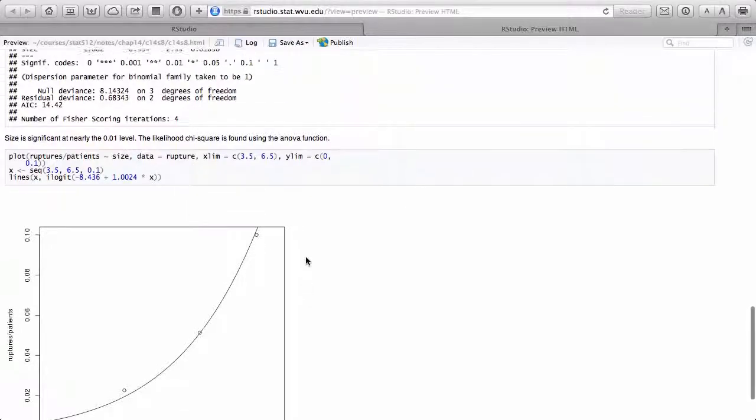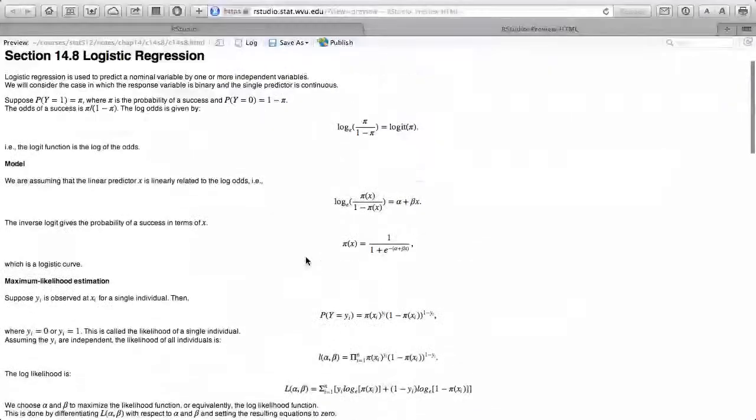Now remember, I'm actually interested in this form right here: pi of x equals 1 over 1 plus e to the minus alpha. If the log of this is the logit of x, then what I'm actually interested in is the inverse logit.